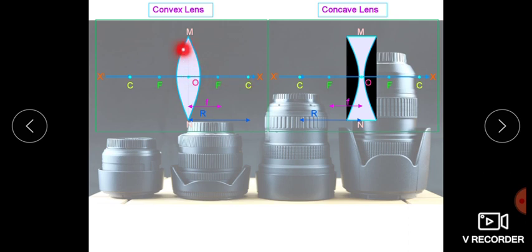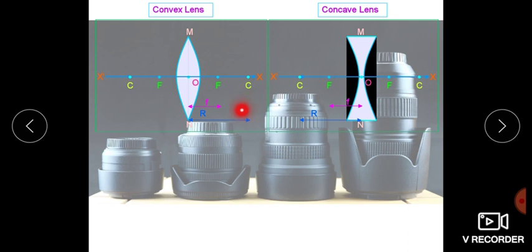It is normal to the curved surface and passes through the optic center. The center point is called the optic center. Here O is known as the optic center. The imaginary line which passes through this optic center and is normal to the lens is simply called the principal axis, and F is the focus, C is the center of curvature.